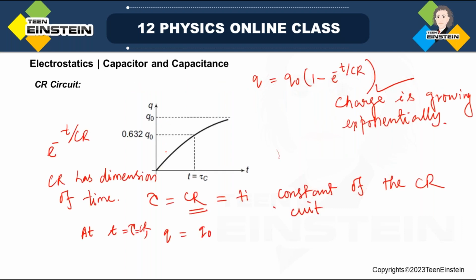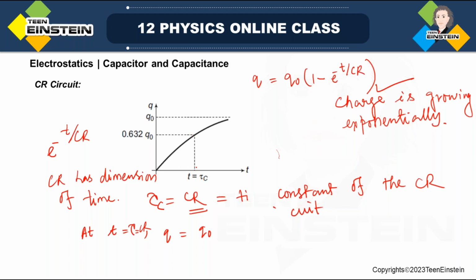See, this is the graph. This is the Q plotted on the y-axis, and this is the time. As you can see, at t is equal to tau c, the same as tau, that is called the time constant.